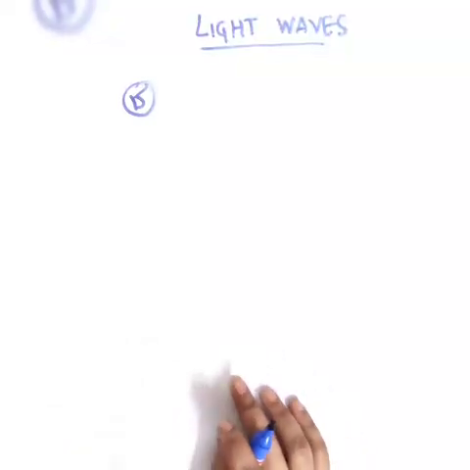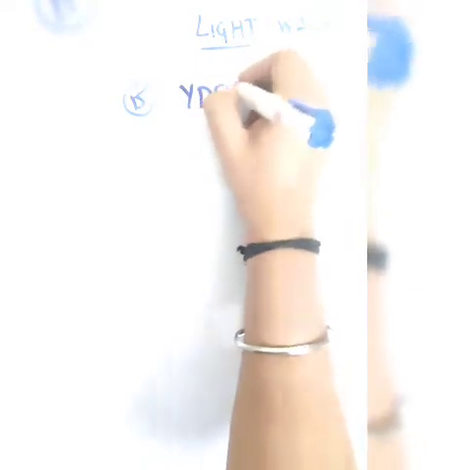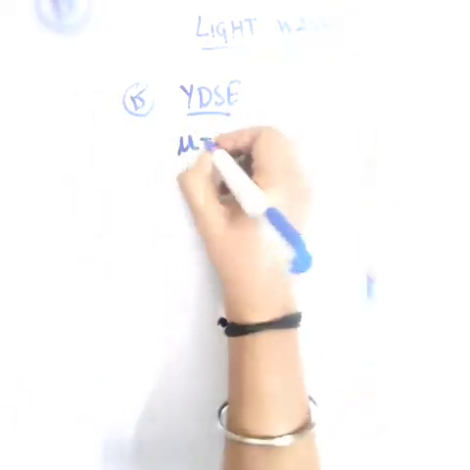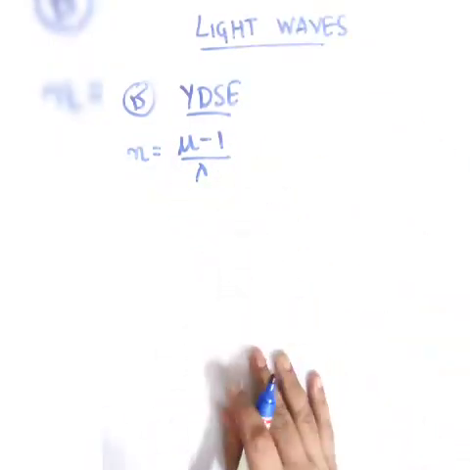In question number 5, this is a question involving YDSE and shifting of fringes. In the first scenario, we have placed a mica sheet, and because of that there is a shift in the fringes. The number of fringes shifted, as we saw in the previous example, was mu minus 1 into t over lambda.